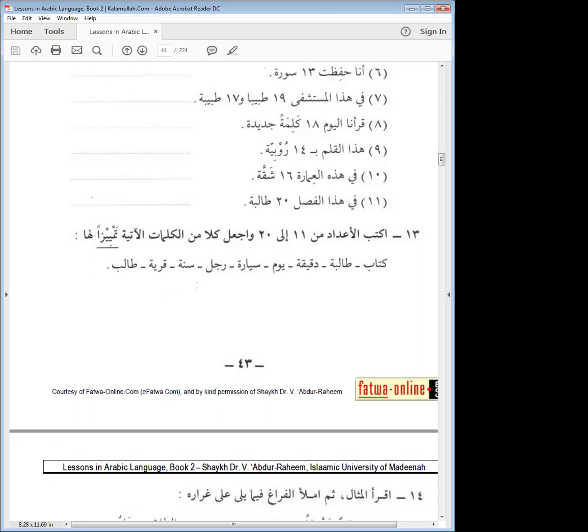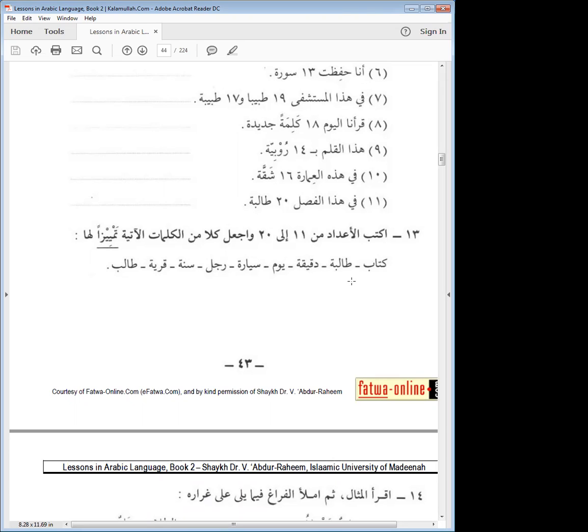All right, so again, homework, you're writing out all the numbers from 11 to 20, and you're making each of these words the ma'dud, the thing which is counted. Now remember again, as I said earlier in the class today, once we go past 10, from 11 onwards, the ma'dud is always singular.